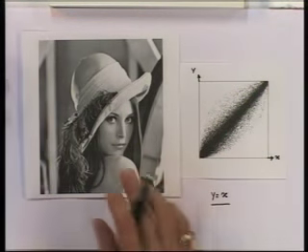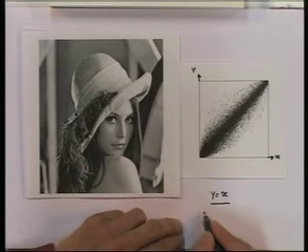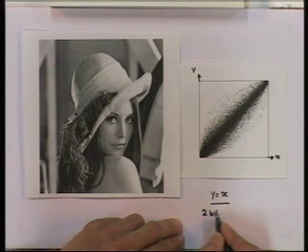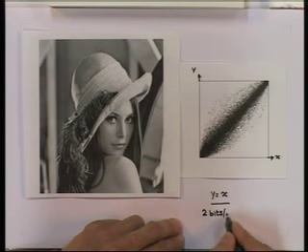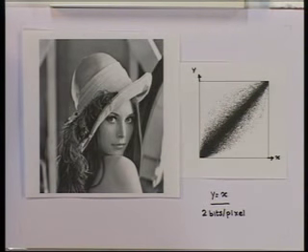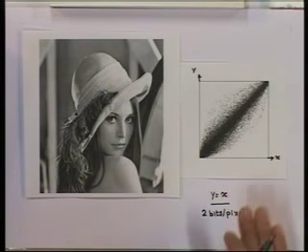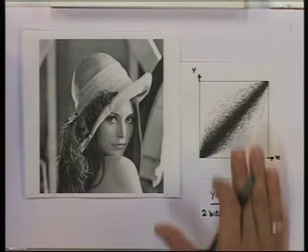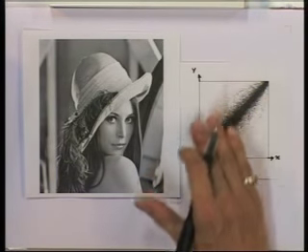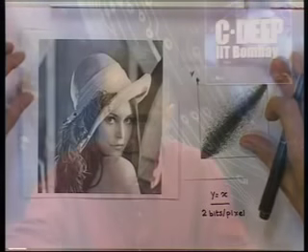Now, if we decide to reduce this image to 2 bits per pixel via scalar quantization, this would mean reducing the pixels to 4 possible values. Now, if we interpret this as vector quantization on the 2-dimensional vector distribution diagram, then we get the picture shown here.